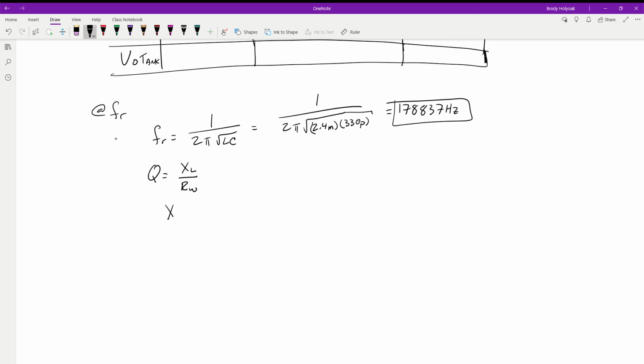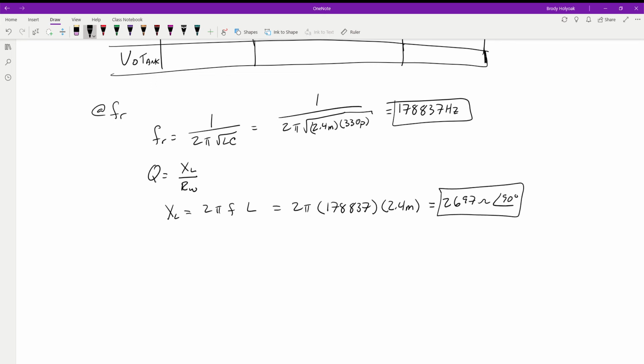X of L is equal to 2 pi times our frequency times the inductor, and the frequency we're at is up here, 178,837. So we have 2 pi times 178,837 times 2.4 milli, and that gives us a value of 2,697 ohms at positive 90 degrees.